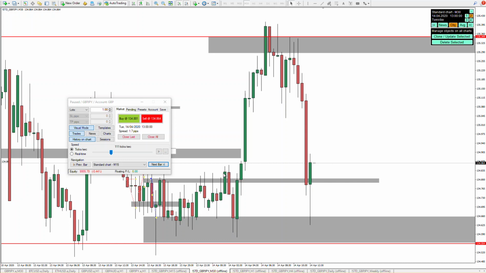Yeah, we closed above this resistance, which is really beautiful. Let's see how to get in. I want the down wick formed. I hope to get an impulse entry.